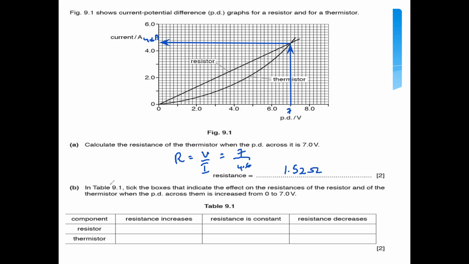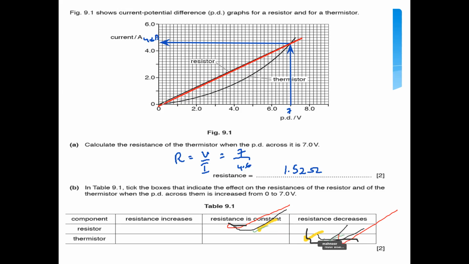Then in table 9.1, tick the box that indicates the effect on the resistance of a thermistor when the potential across them increases from 0 to 7. So what happened to the resistance of a resistor? Tick a box, use the screen annotation. Because it is a straight line, the slope is constant, so the resistance is constant.